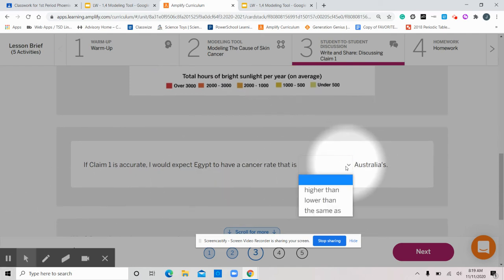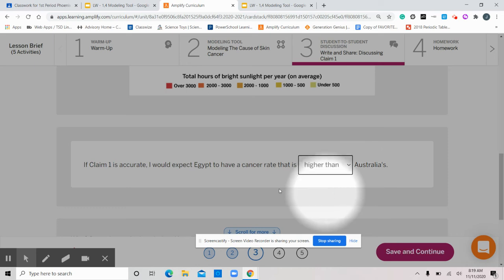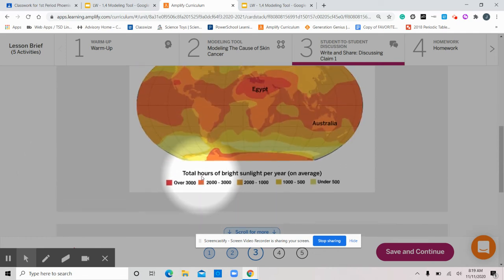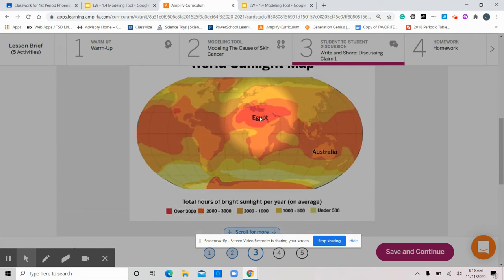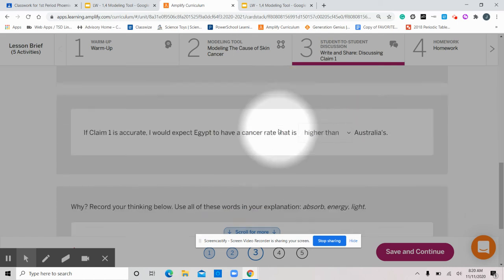And hopefully you chose higher than. That would be an example of reasoning where if claim one was correct, Egypt does indeed get more sunlight, we should see an increase in skin cancer rates. So to investigate that, we can go look at skin cancer rates here in a little bit.